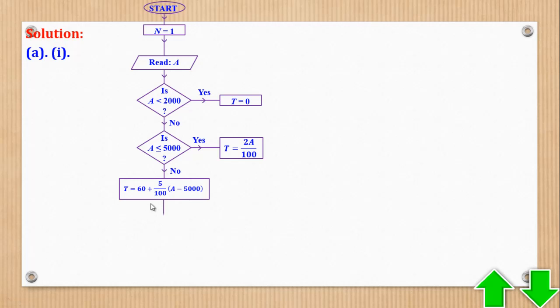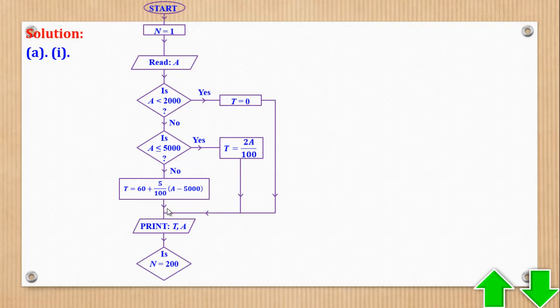Then from there, we have to print. We print t and amount for all, either this, that, and also that, all options. Then from there, we have to ask, is n equal to 200?